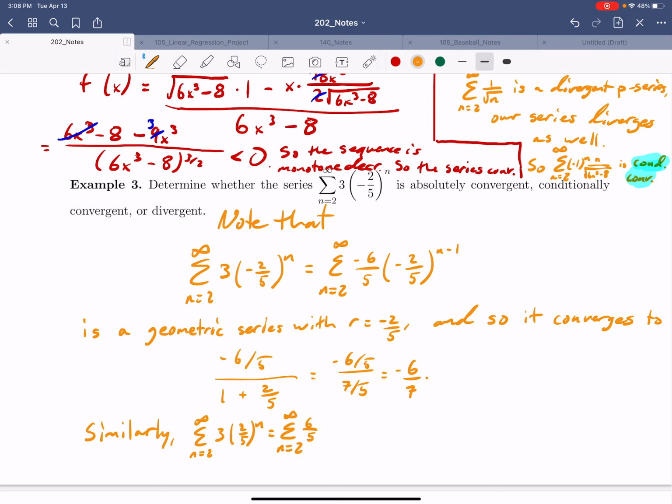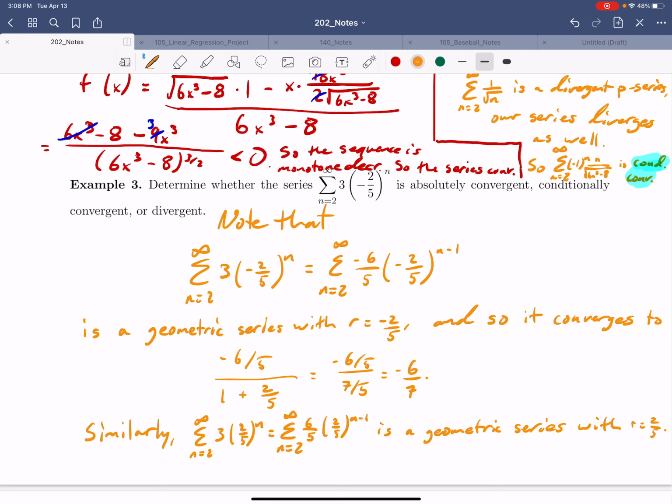It's 6/5 times 2/5 to the n minus 1, a geometric series with r equals 2/5.